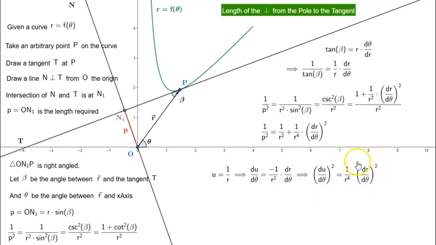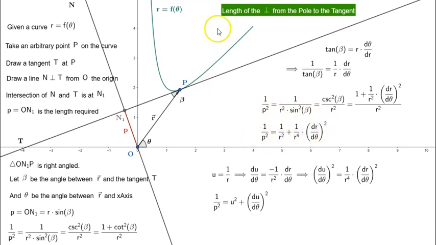This is this, and 1 by r squared also we can do the necessary substitution. So 1 by p squared is equal to u squared plus (du by d theta) the whole squared. So either we can take this or we can take this.